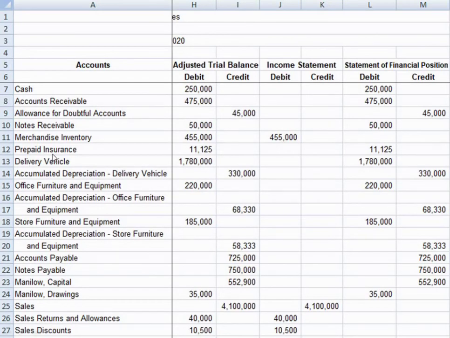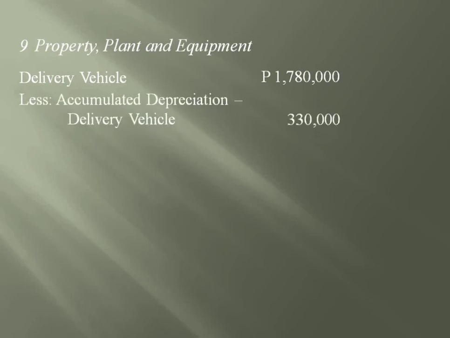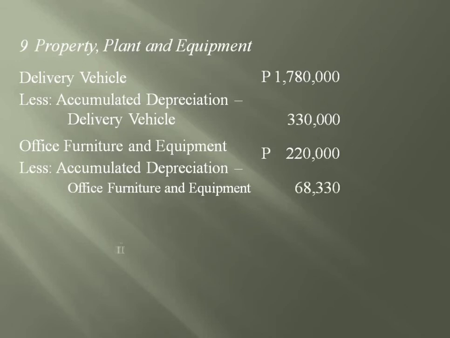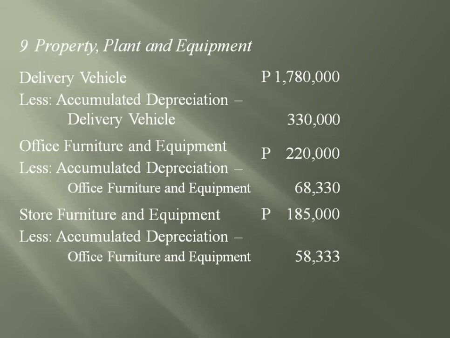After prepaid insurance, we have the property, plant, and equipment accounts, including the accumulated depreciations. Let's copy these accounts and amounts for our note number 9. Now, let's get the net book value or carrying value of each fixed asset.